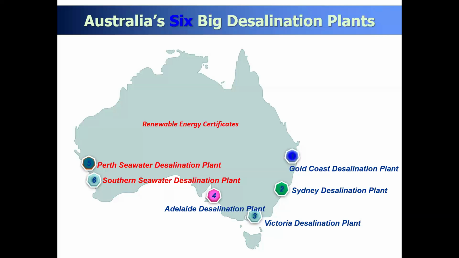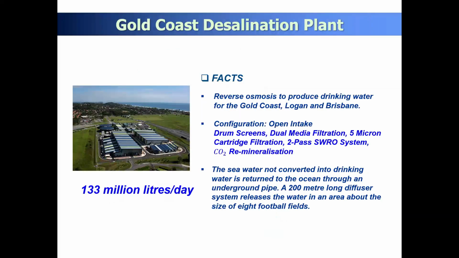So seawater desalination plant is the largest scale and the most difficult to design, most difficult to handle. So we just target seawater desalination rather than small desalination plants. So just look at the 6 desalination plants in Australia, how to design better.